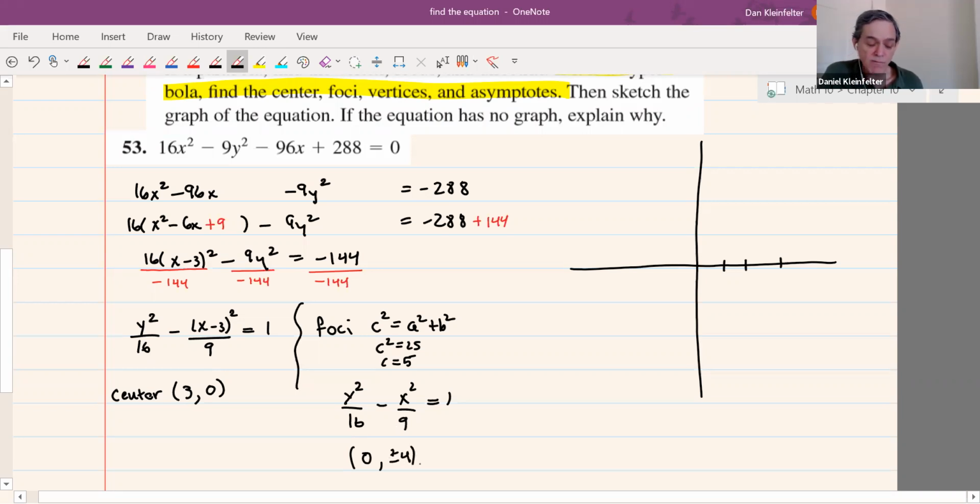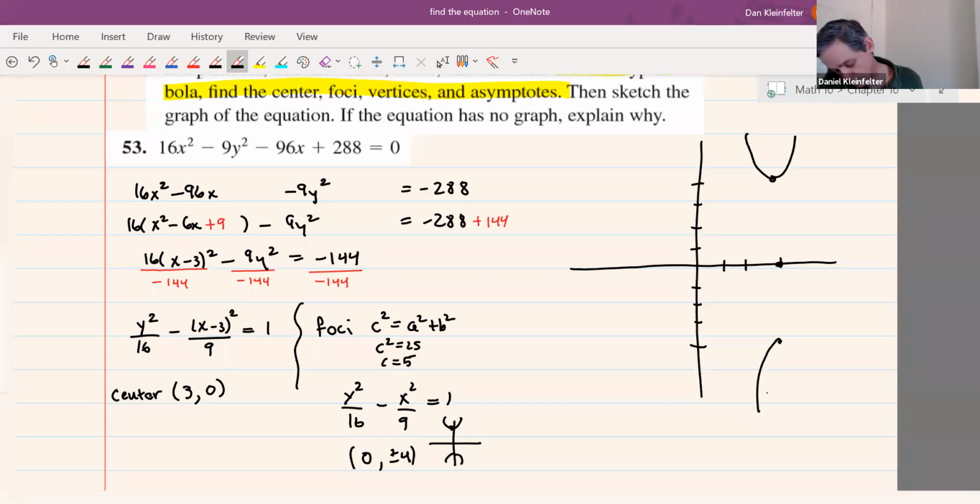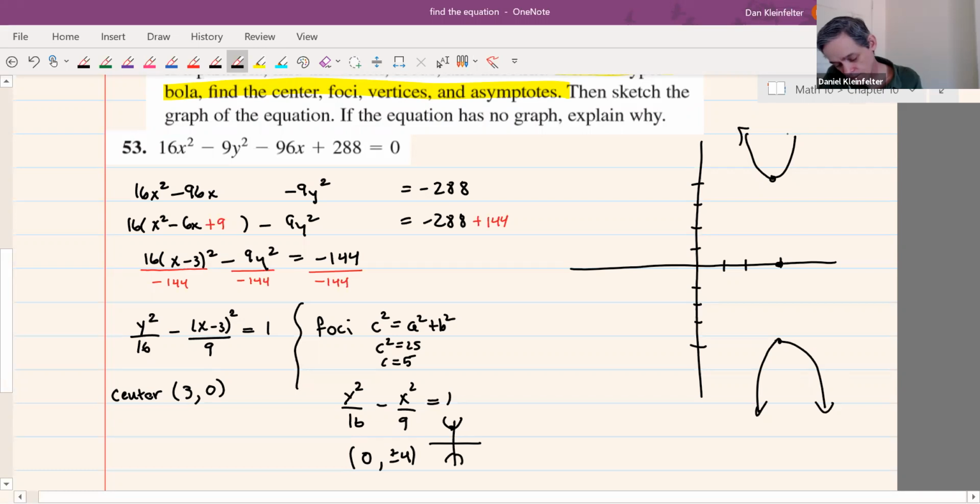So this one would have two y-intercepts if it were unshifted, right? And so from our center of (3, 0), we'll go up and down by 4 units. Roughly it's going to look like that. We'll make a better looking picture later.